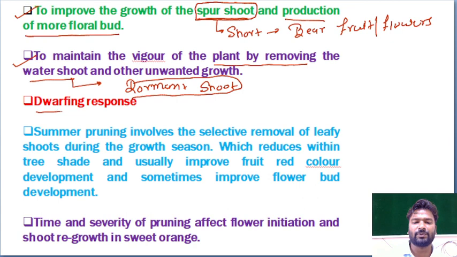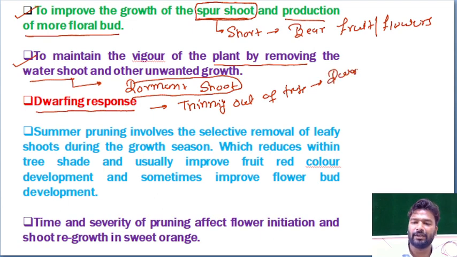Also, dwarfing response: thinning out of the tree also gives some dwarfing response. And what is the advantage of this dwarfing? We will discuss it in the next slides.